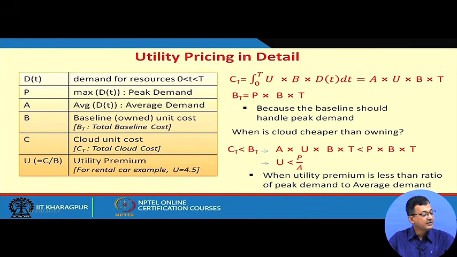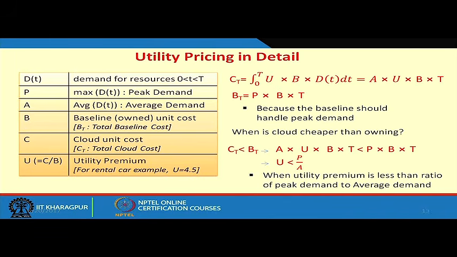So I have a variable demand D(t), a peak demand P, an average demand A, a baseline owned unit cost B, a cloud unit cost C, and I want to find the utility premium, that is C by B.